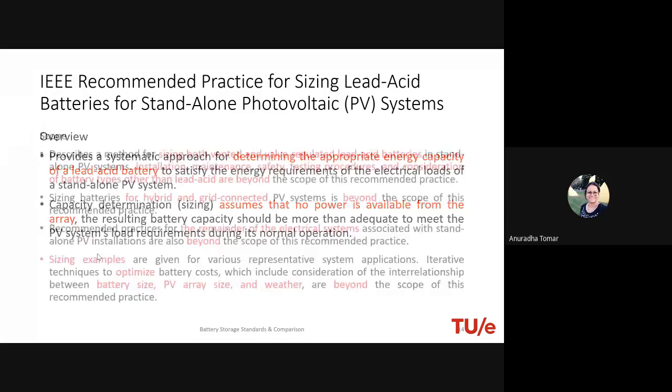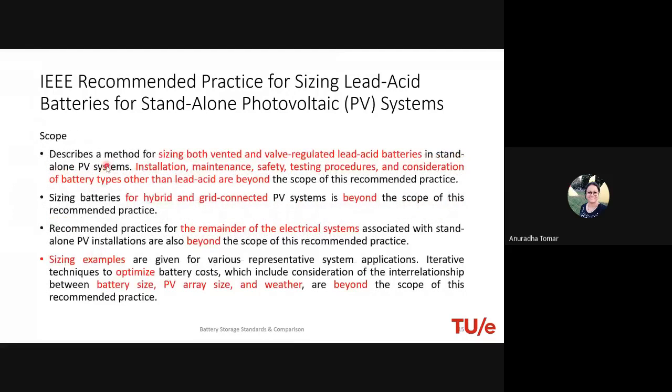Here you can see the scope. It is limited to vented or valve regulated lead acid batteries, and nothing is considered related to installation, maintenance, safety and testing of other kinds of batteries. The sizing is only limited to standalone photovoltaic applications.